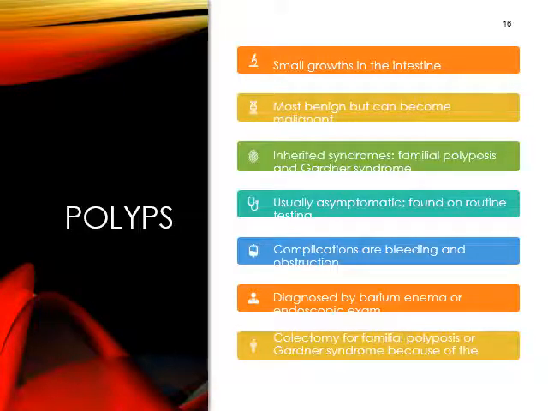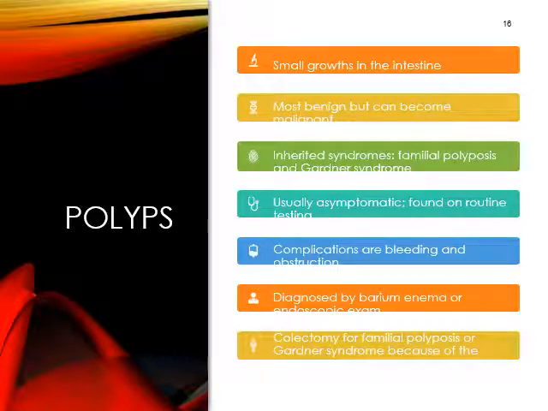It's just too much work, and it's too dangerous to the patient because they can cut them out or they can burn them off. Some might have to go to the lab to be sure that they're benign and not malignant. But familial polyposis a lot of times can turn into cancer.